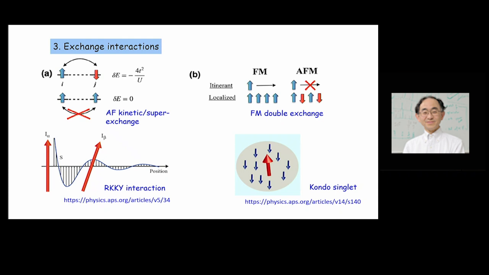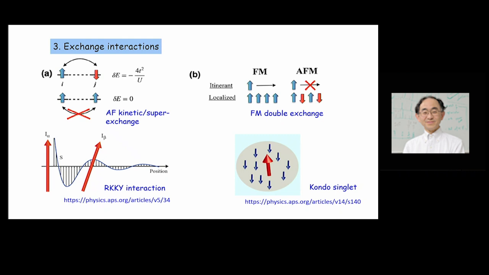Like manganese-doped gallium arsenide. And another interesting or important topic is the Kondo problem. Once you have this localized spin due to an impurity, for example, and then you have a so-called antiferromagnetic interaction between the magnetic and the conduction electron spins. And then this will eventually form a singlet.